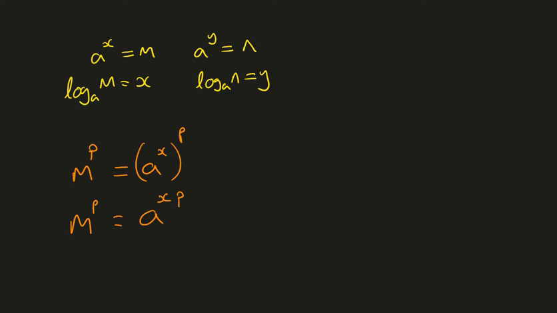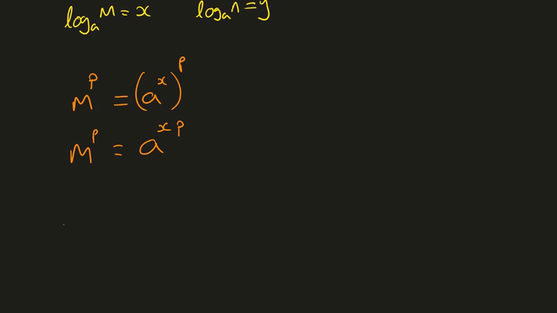And again, just like before, we can take logs of both sides. What is it I raise a by to get m to the power of p? Well, that is going to be xp, or I guess we could write it as px.